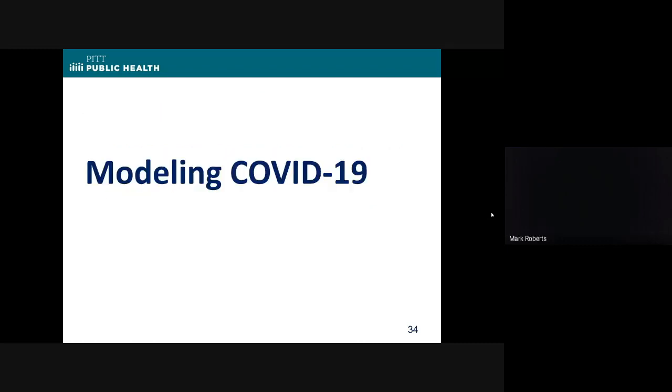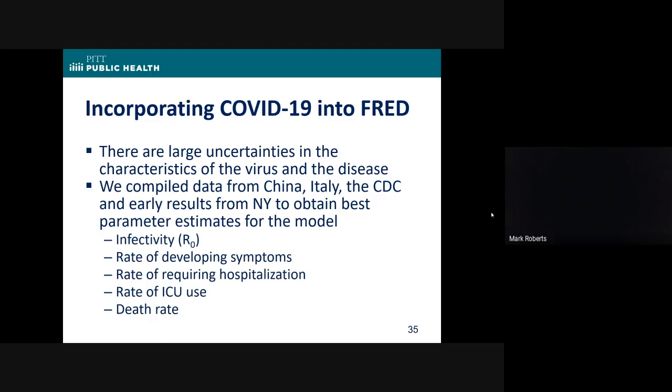So now I'm going to progress to what we've been doing about COVID-19. The most important thing, I think, currently to know about COVID-19 is that there's a very large number of uncertainties in the characteristics of the virus and how the disease operates.